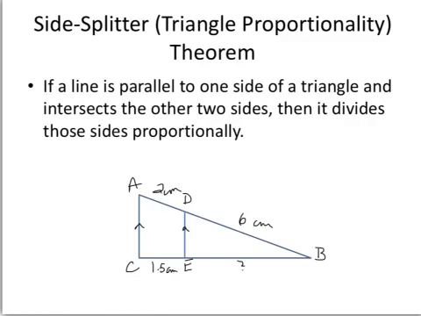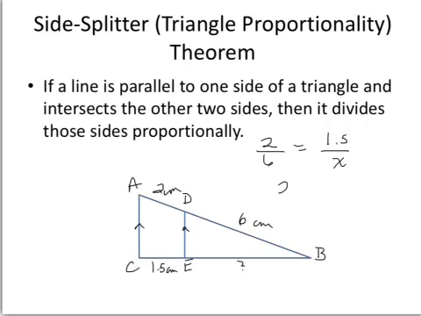Then we should be able to figure out how long segment EB is. Okay? We know nothing else about this triangle. So we should be able to say that 2 divided by 6 is equal to 1.5 divided by x, because it divides these sides proportionally.